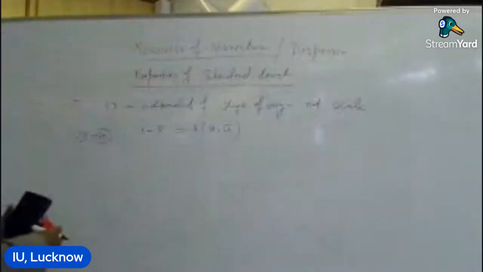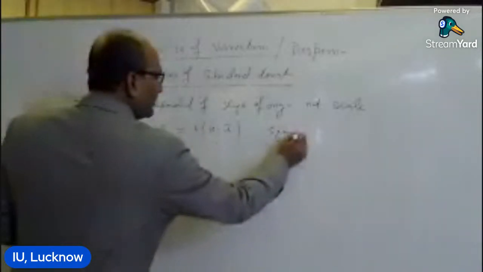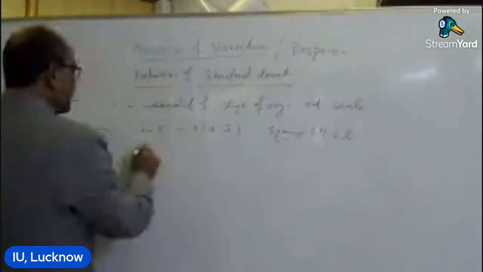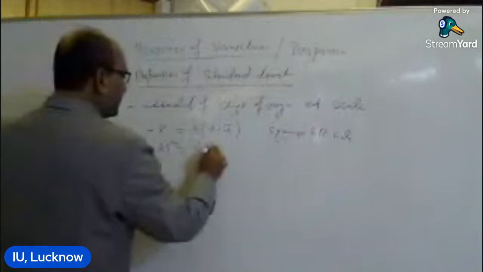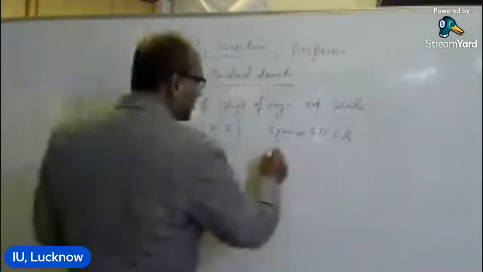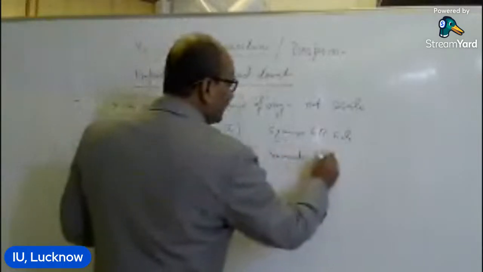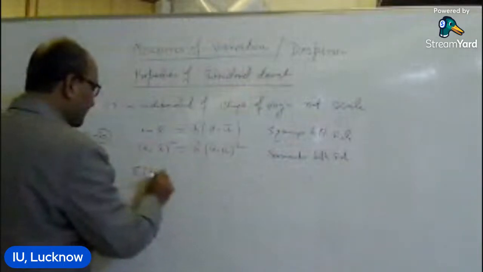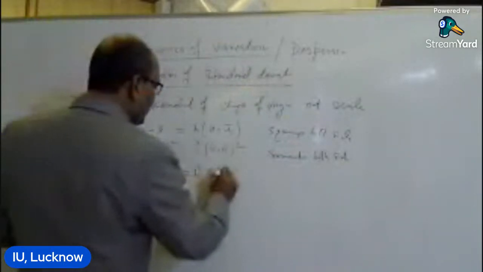Now squaring both sides, this is x minus x bar square equals h square times u minus u bar square. Now taking summation on both sides, summation of x minus x bar square equals h square, which is constant, times summation of u minus u bar square.